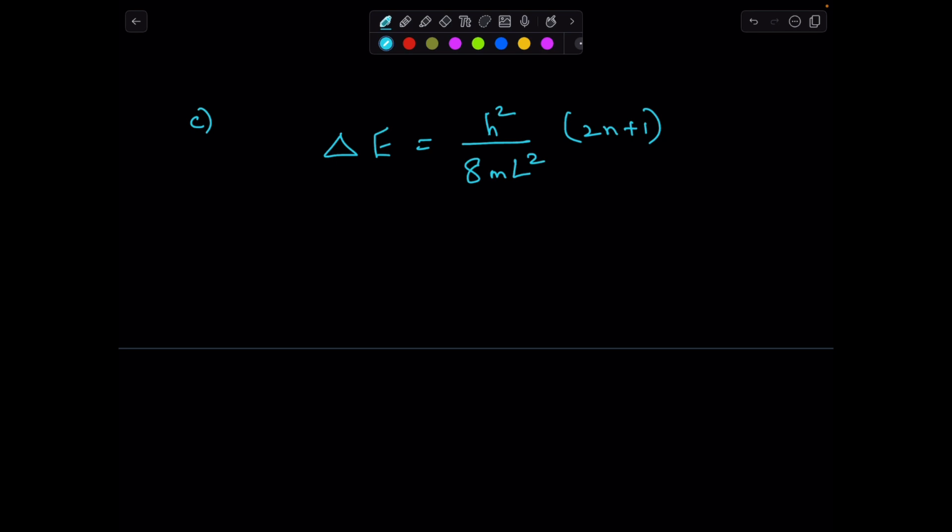The length of the box is directly dependent on the number of conjugated atoms. So if the number of conjugated atoms increases, delta E would decrease. Since delta E and frequency are directly proportional, as the number of conjugated atoms in the system increases, the frequency will decrease.